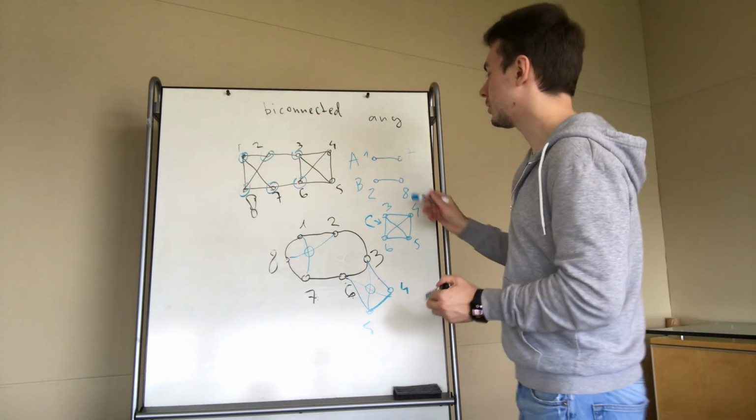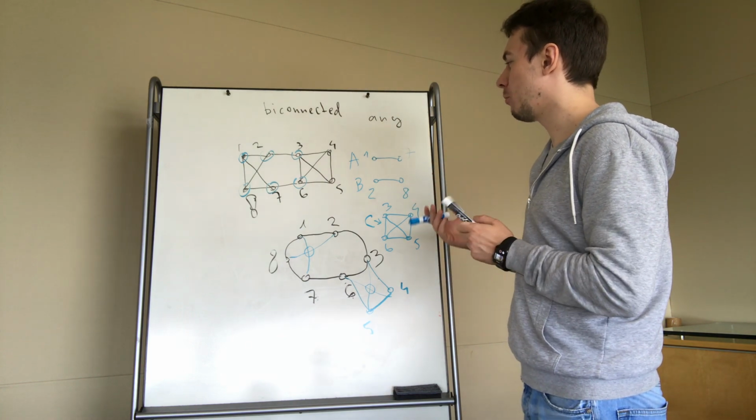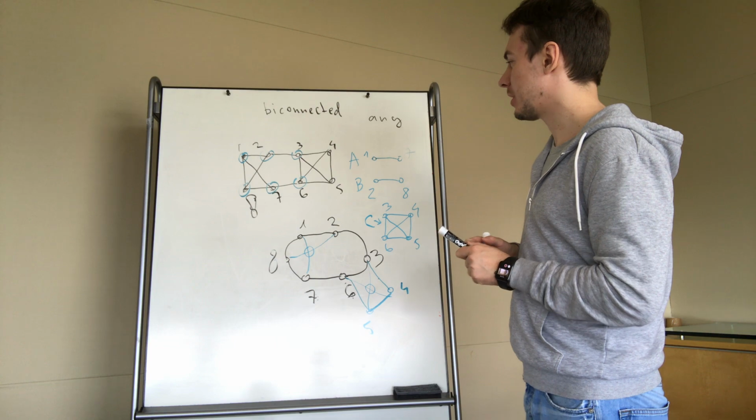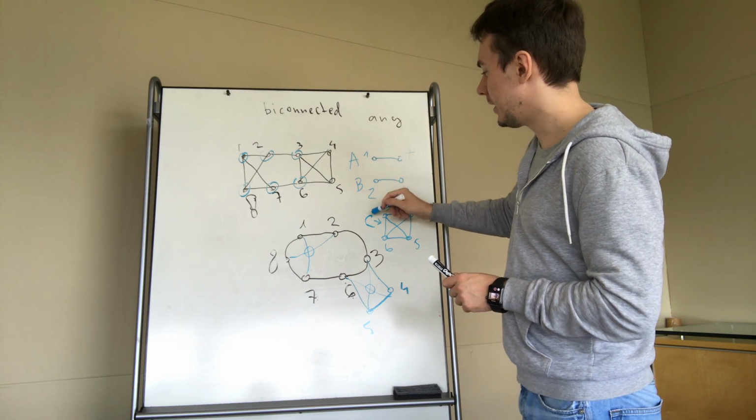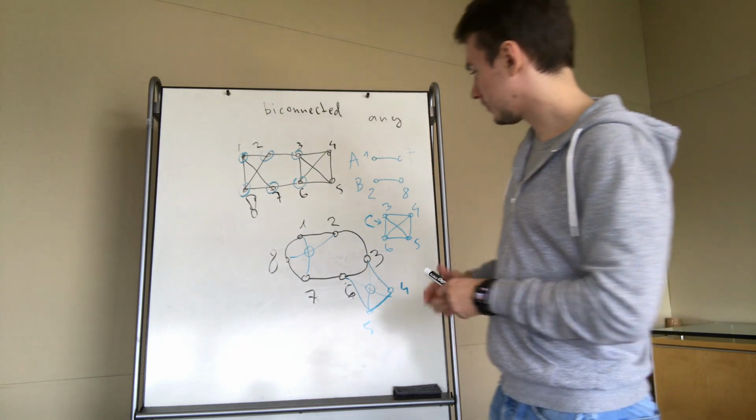And now we need to create a new bipartite graph which contains A, B, and C as its vertices.